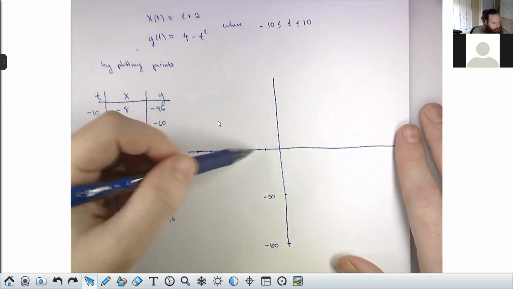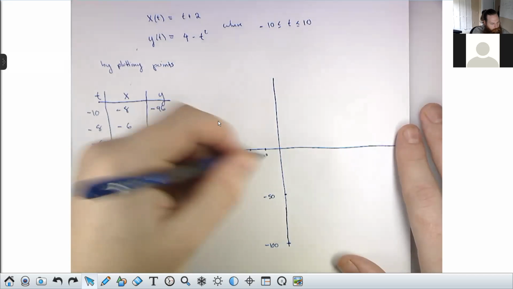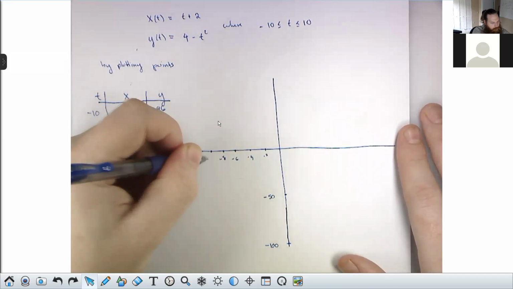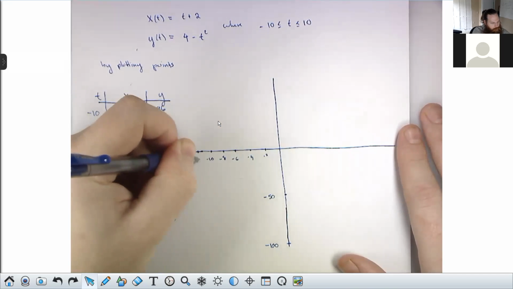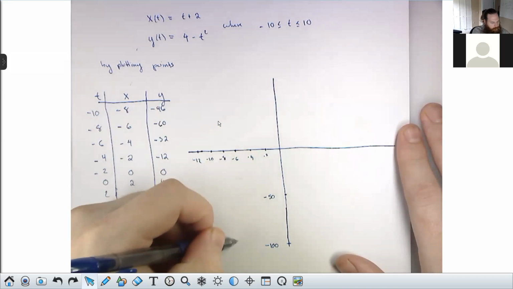And now we go 1, 2, 3, 4, 5, 6. Now we'll do it like that. Okay, -2, -4, -6, -8, -10, -12. So we're starting at -8, -96, which is way down here.